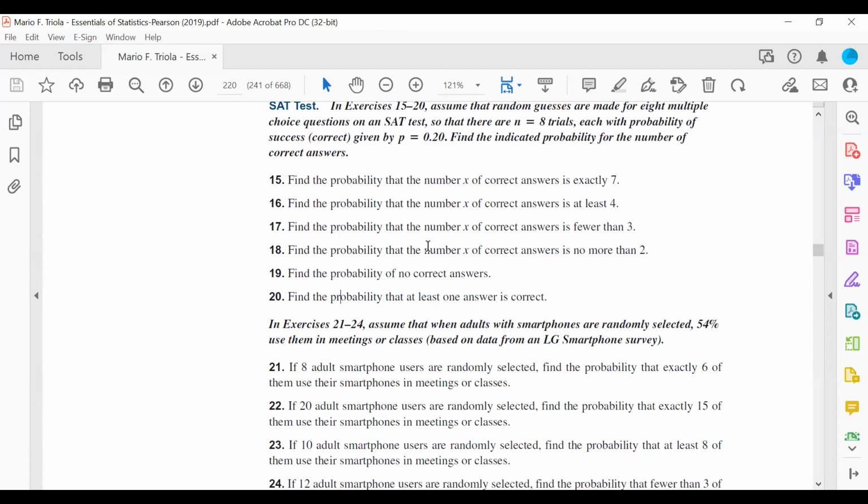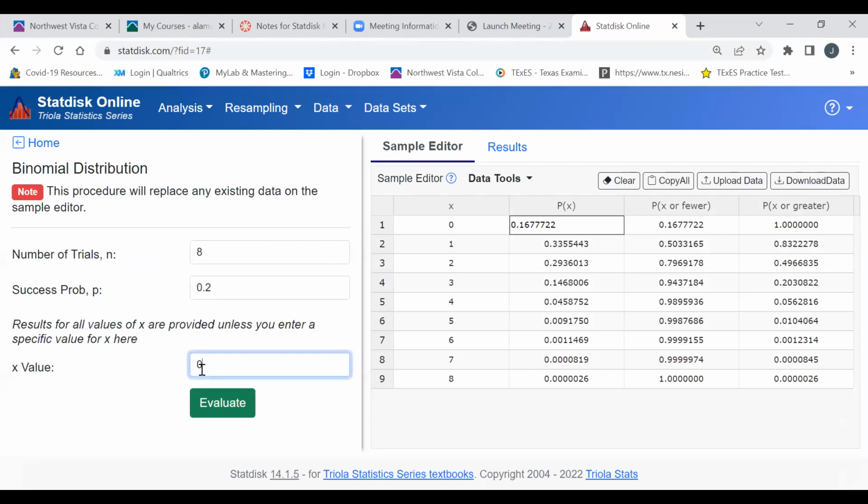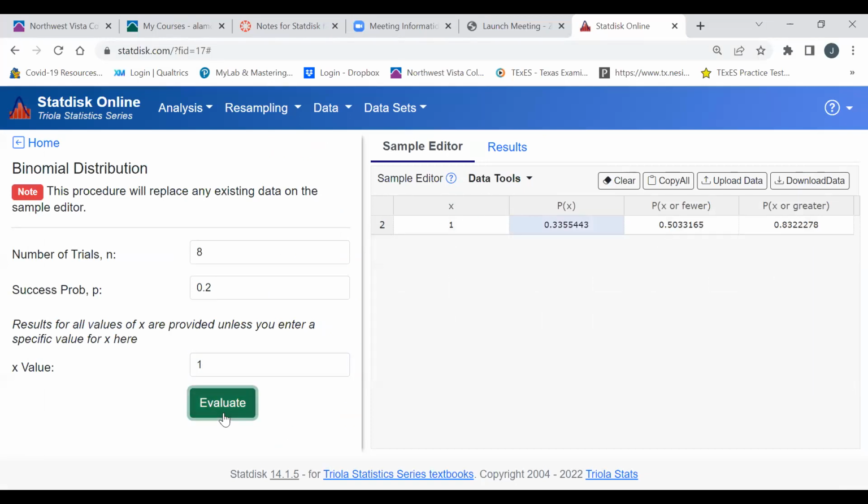Okay, so let's see where that's at. At least 1. Well, this one I can do on StatDisk. Now this one I can put 1. So which column is my at least?